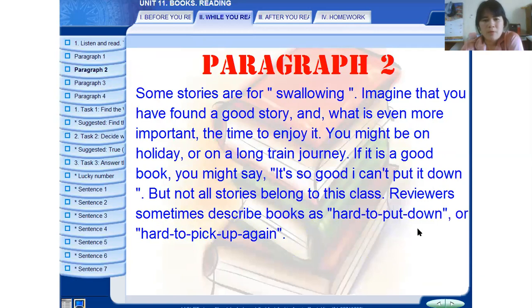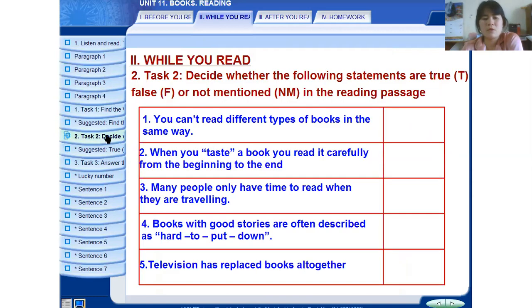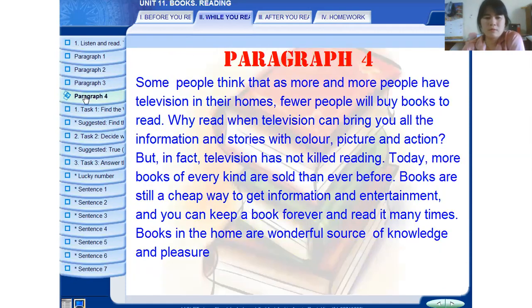Reviewers sometimes say a book is hard to put down or hard to pick up. Swallow: when you find a good story, it is so good that you can't put it down. So television has replaced books altogether. Right? You can locate television.